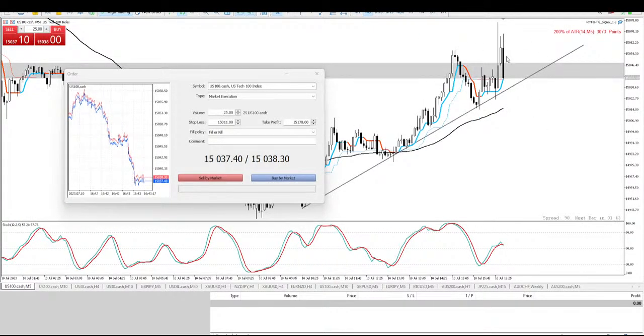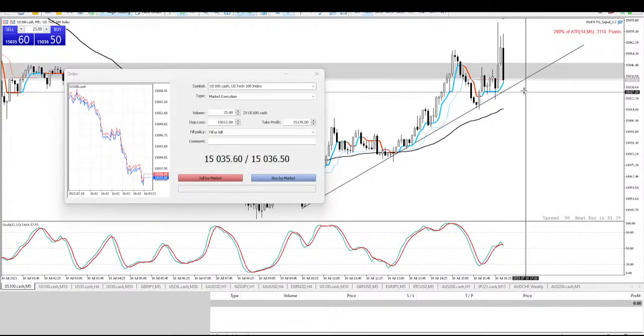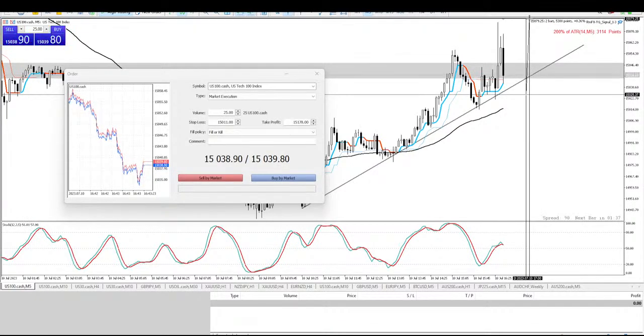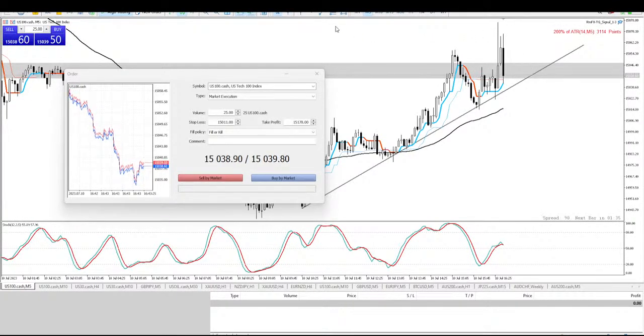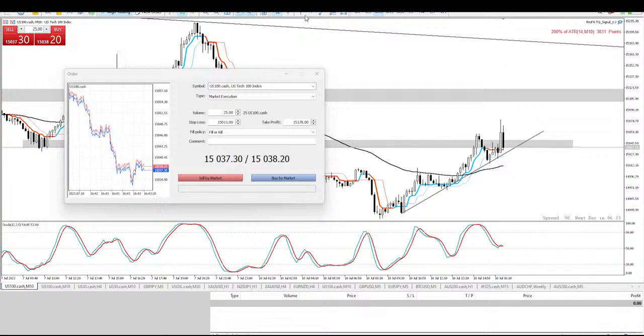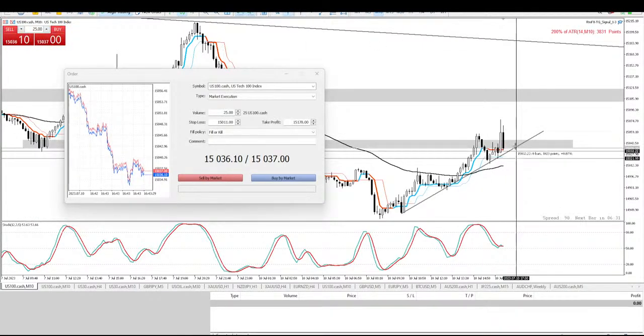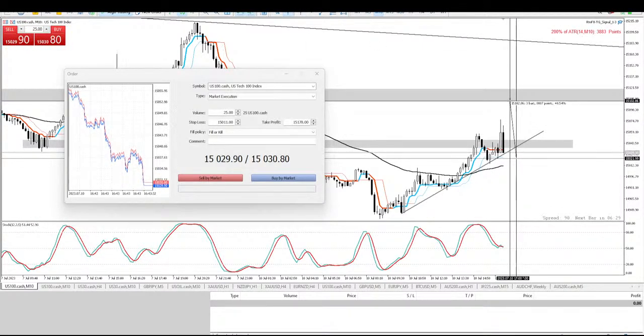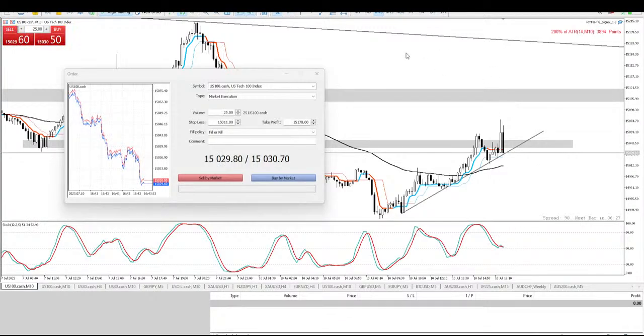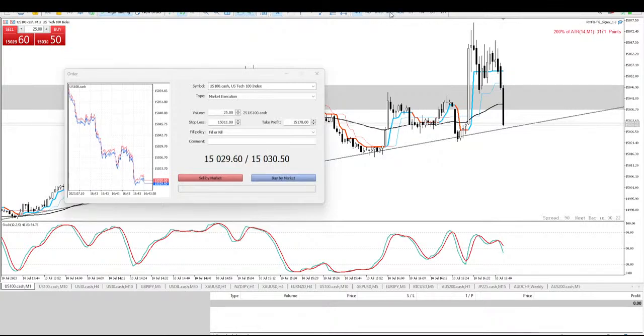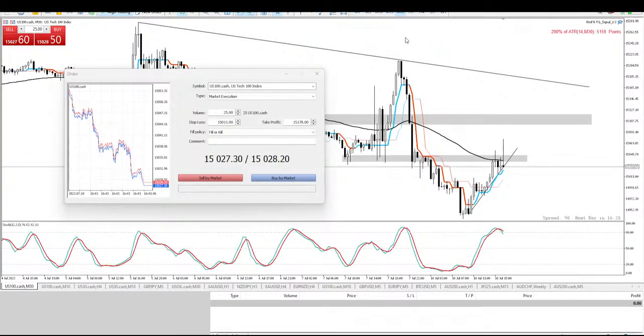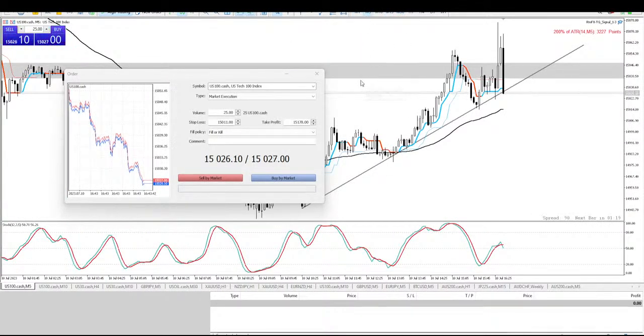Alright, this is looking nice for a short. If we could get a nice close below this area here. Alright, that's looking good.